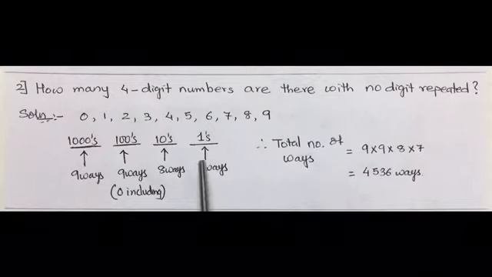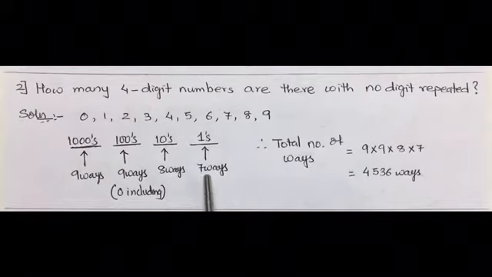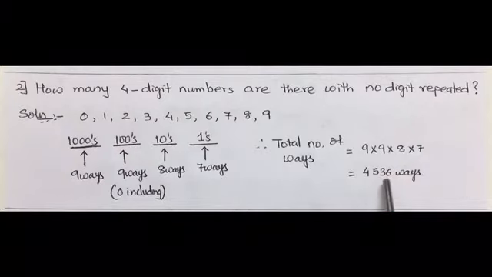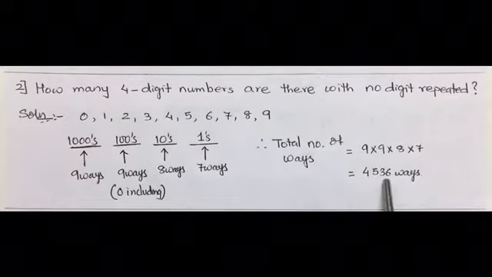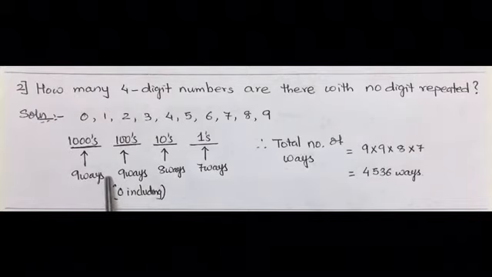So for the ones place, only 7 objects are remaining, as repetition is not allowed. So it can be arranged in 7 ways. Now the total number of ways is the multiplication of all these 4, and that gives 4536 ways as the answer. Here we have made use of the fundamental principle of counting. So it becomes easy for arrangements of these types.